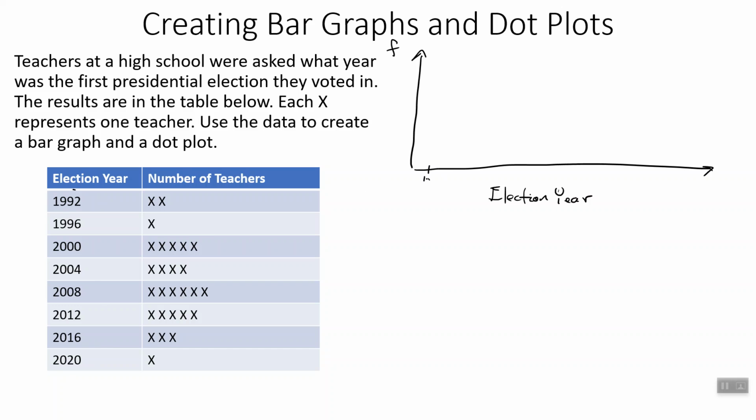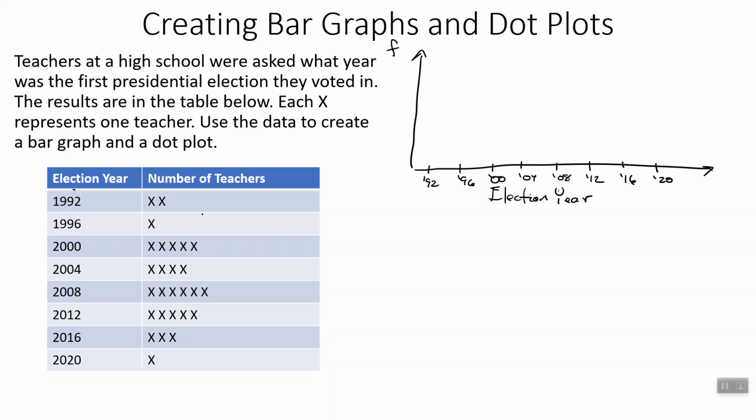So I'm going to start here with 92, 96, 2000, 04, 08, 12, after 2012, 2016, and some younger ones would be their first time voting in the election.